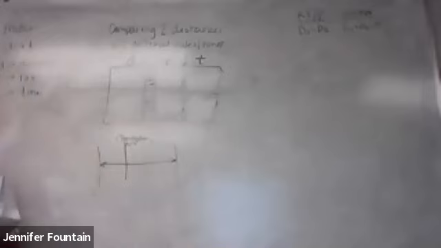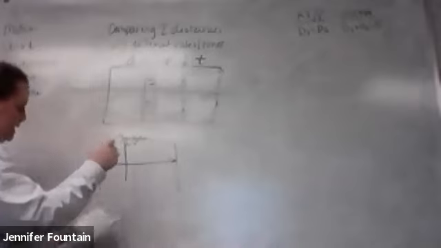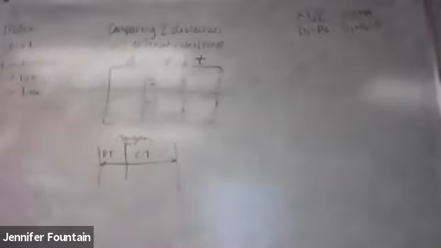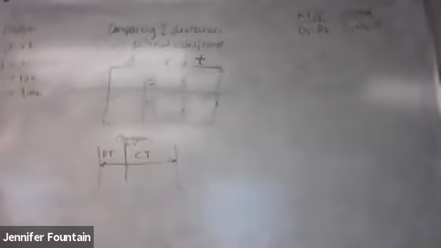And it says the passenger train travels 23 miles per hour faster than the coal train. So this is our passenger train, and this is our coal train. Which one's going to go faster? The passenger train.